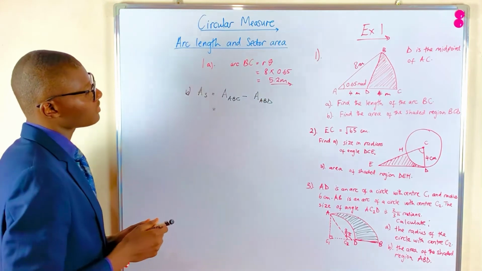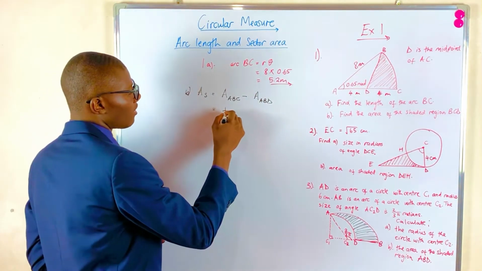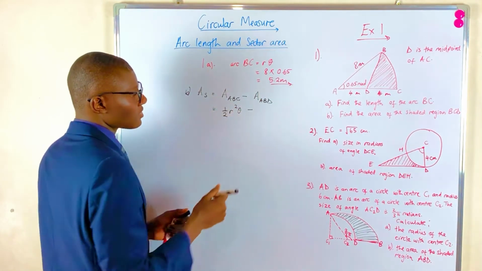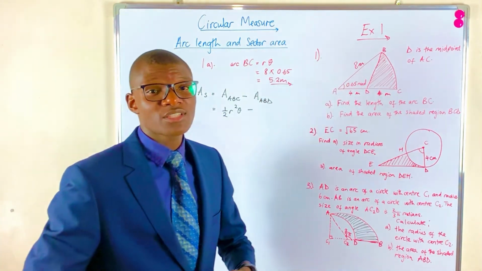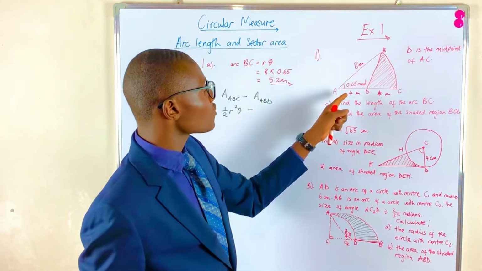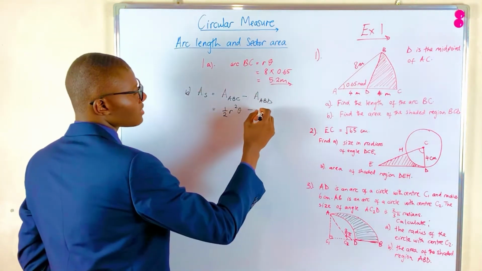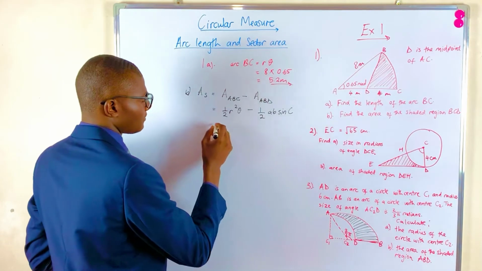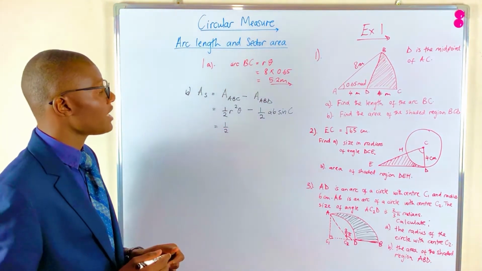The area of the sector ABC is given by half r squared theta, then minus the area of this triangle. We're going to use the area of a triangle rule, which says half ab sine C. Why? Because we know these two sides and the included angle. So we shall say minus half ab sine C, such that for the substitutions, our r is 8 meters.